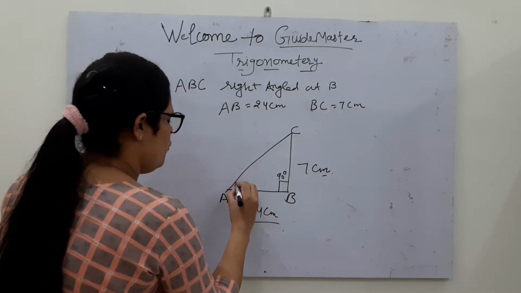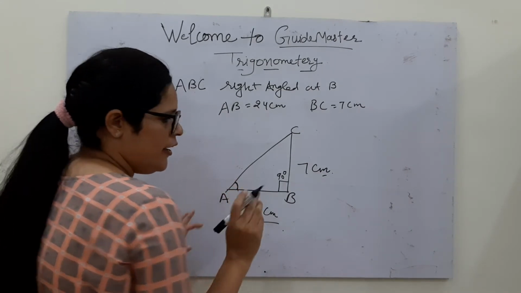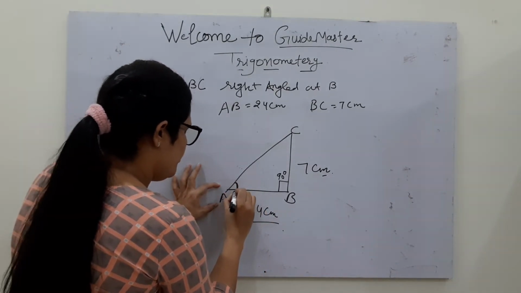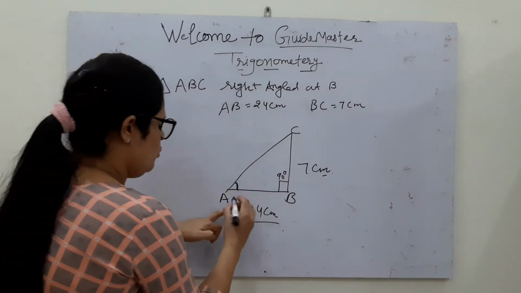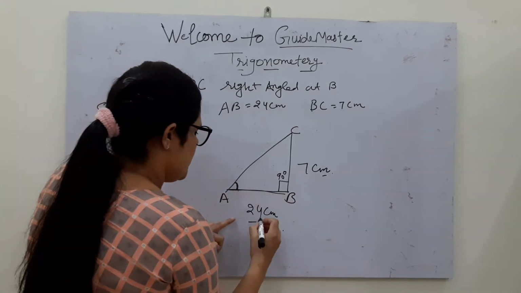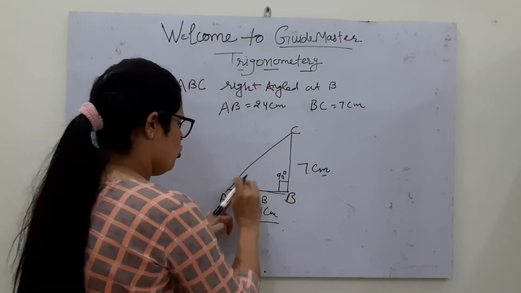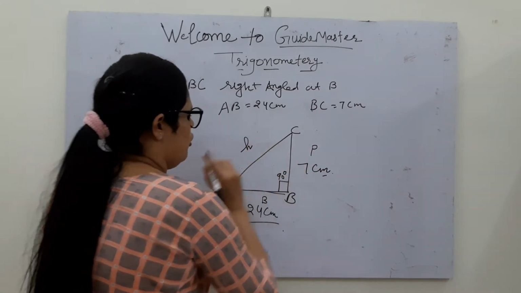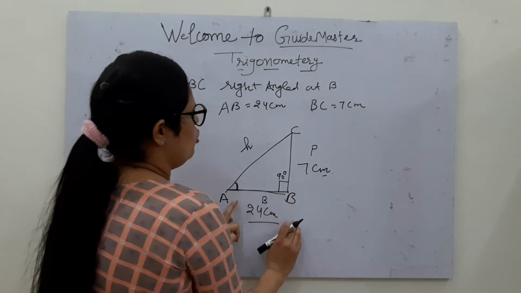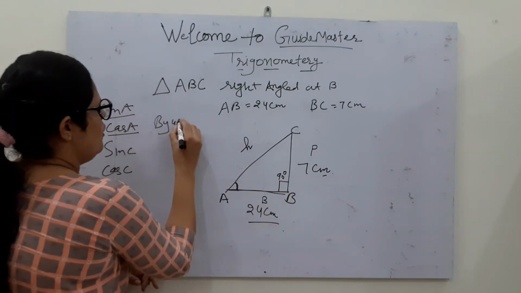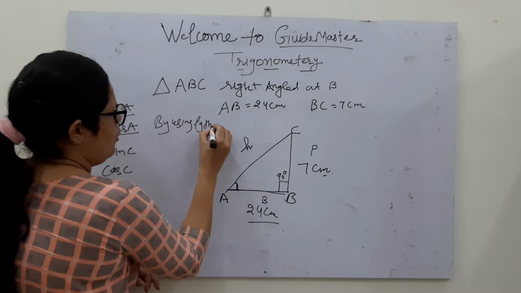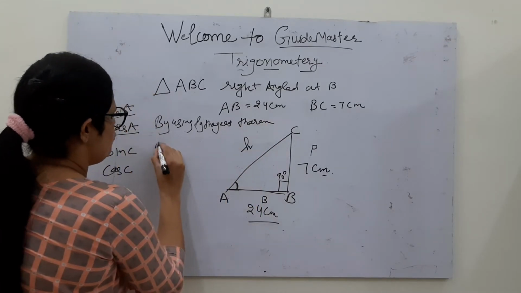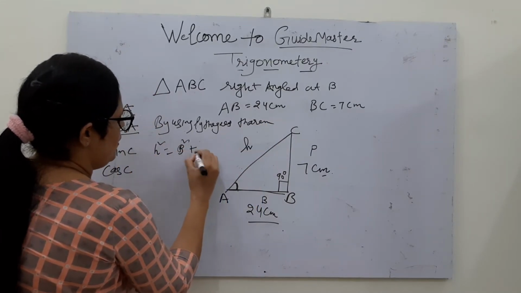If we are considering this angle, listen carefully. If we want to calculate the trigonometric ratios of angle A, then AB is the base. Base के ऊपर ये angle बना हुआ है, and this is the perpendicular, and this is always the hypotenuse. Simply by using the Pythagoras theorem, that is h square is equal to b square plus p square.